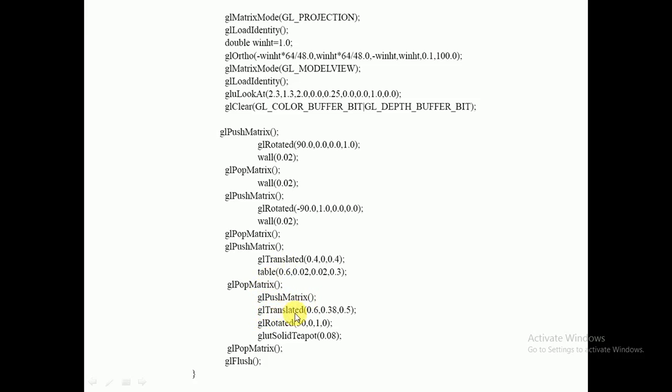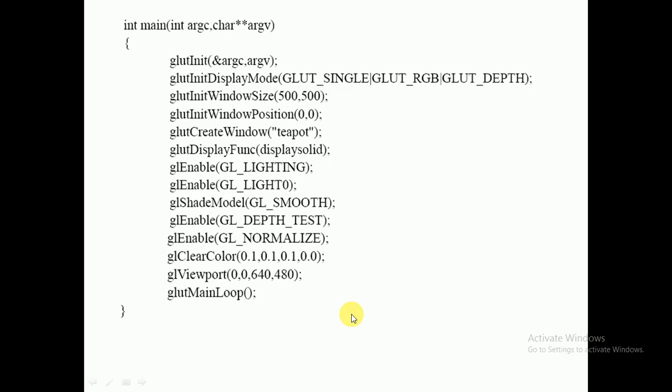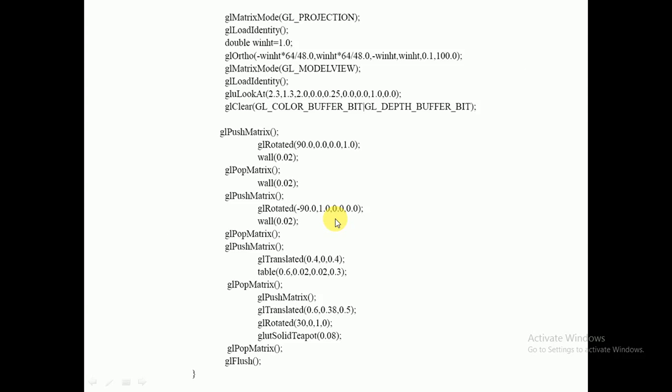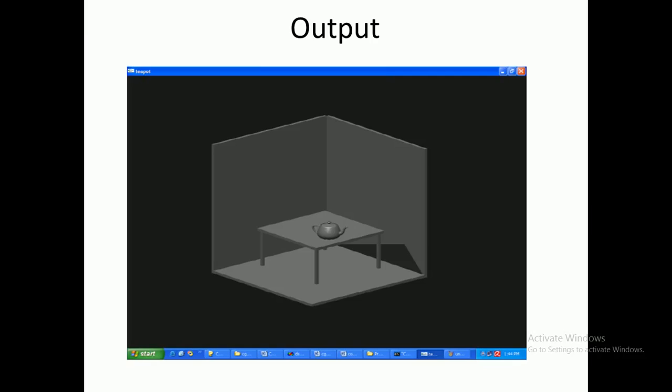Then glTranslate 0.6, 0.38, 0.5. That means I come 0.6 in the x direction from the origin, 0.38 in the y direction, some height, right? And 0.5 in the z direction, that is positive, so we come towards positive, right?